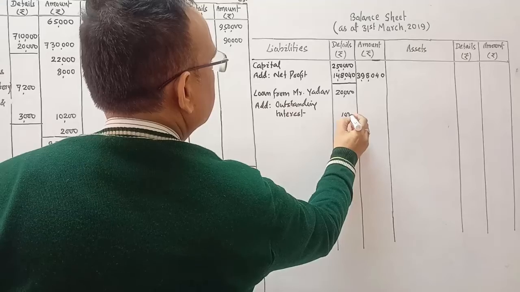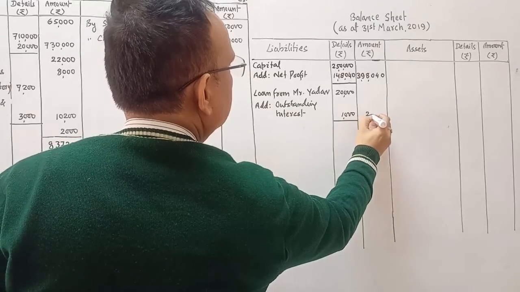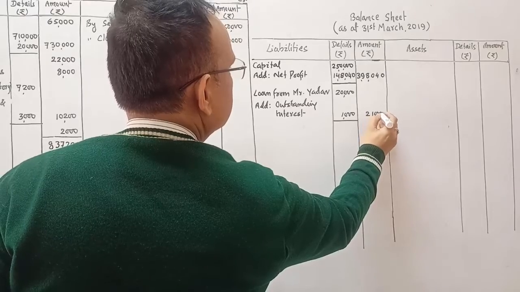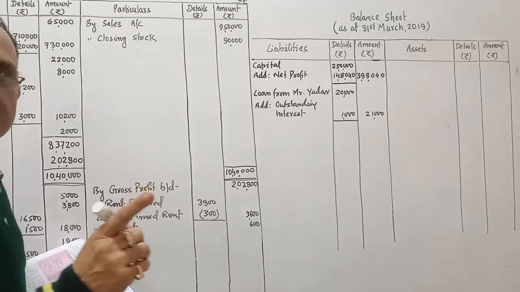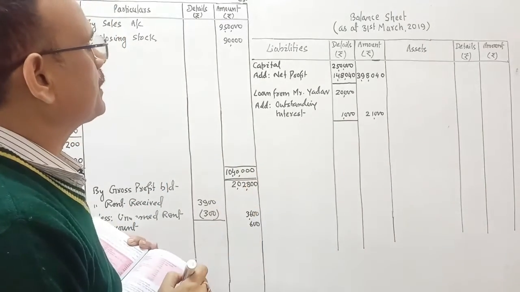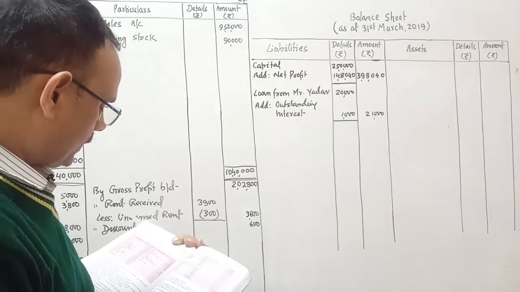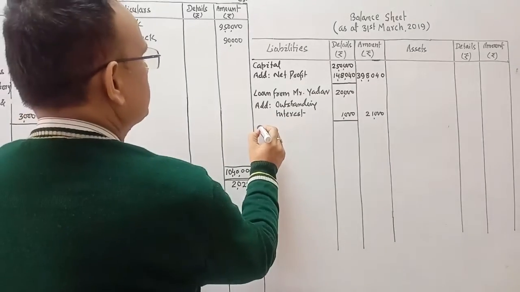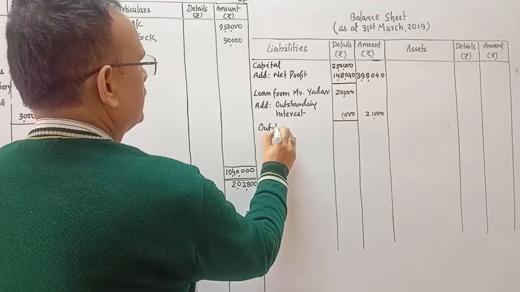We have done the calculation already. So including loan and interest, the total loan is 21,000. Loan amount is 20,000 and outstanding interest is 1,000. So total is 21,000.